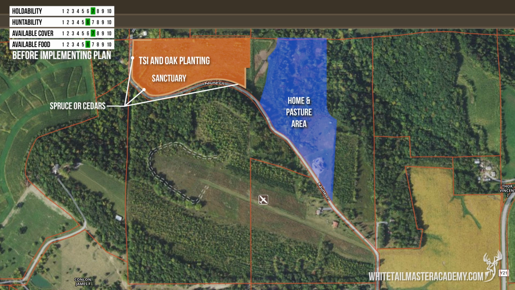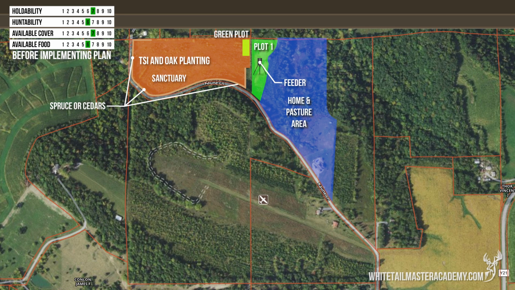The other thing you're going to notice is there's a food plot right in the corner where the deer are coming out of this CRP area and hitting that food plot. Well, I think that food plot could be expanded just a little bit to make it a little bit bigger. We want to provide as much food as we can right there. The other thing we're going to do is put another small food plot, I'm going to call it a green plot, right in front of a blind that's already on this property.